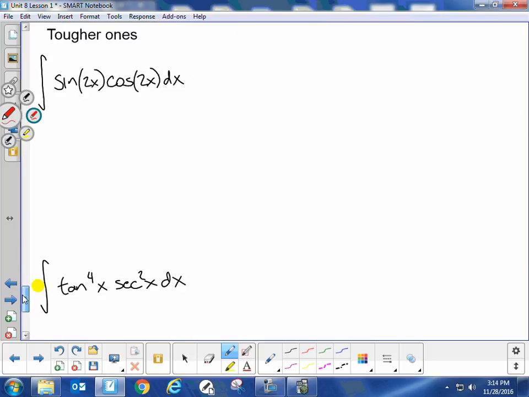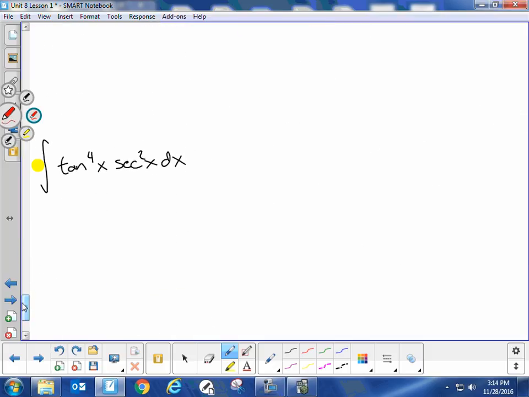When I run into something like this, we see a bunch of compositions, but one is going to be more helpful than the other. I can even make it, let me put that square here.